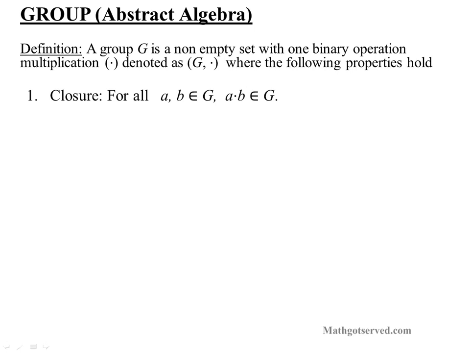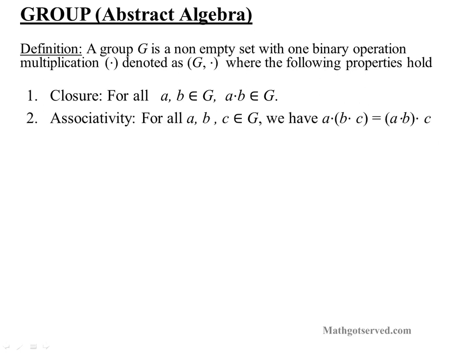Closure basically means that after you carry out an operation or a set of operations on the elements of a set, you end up with another element in that set. So if A and B are in the group G, then the product of A and B has to be in the group G. So it's basically closed under multiplication. Okay, so that's the first condition that must hold true.